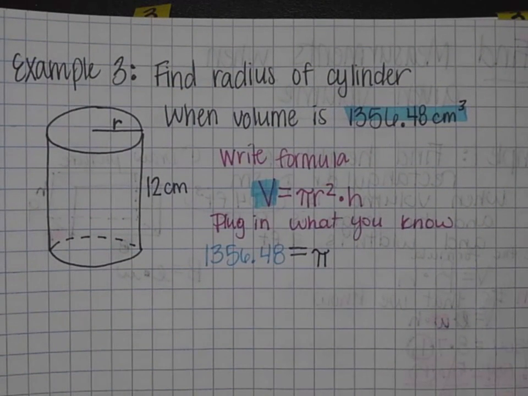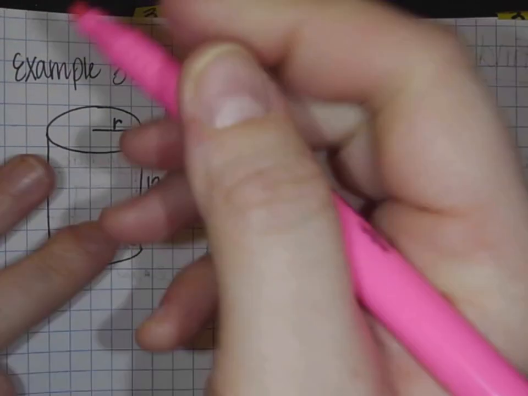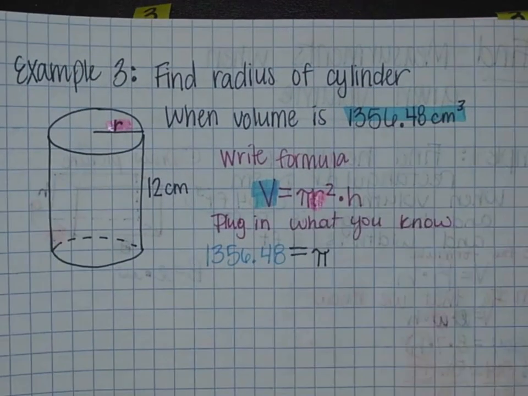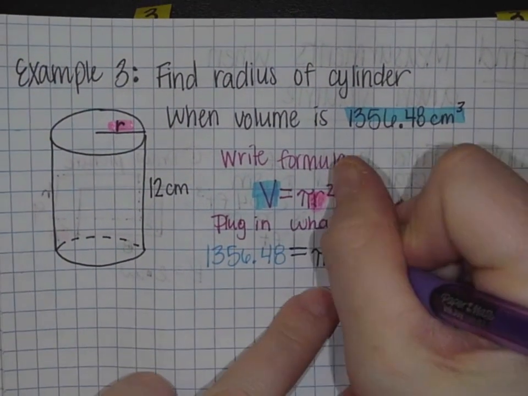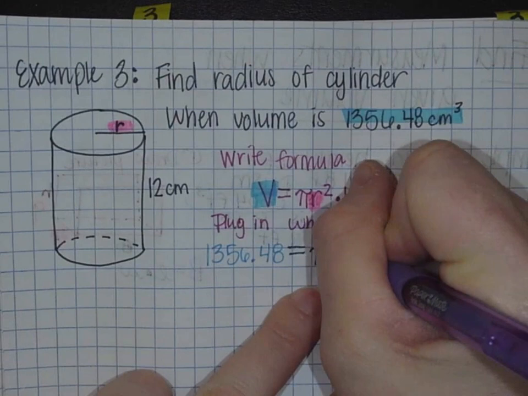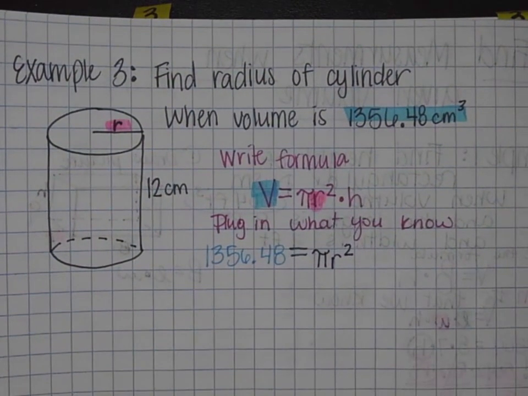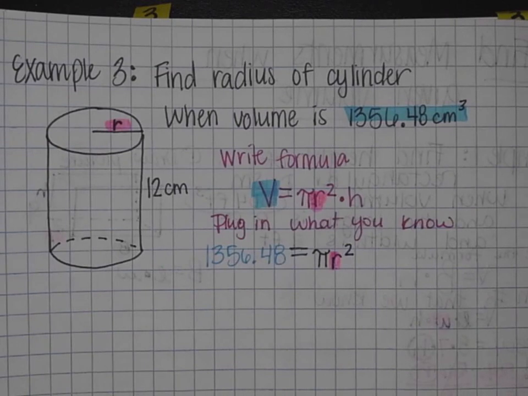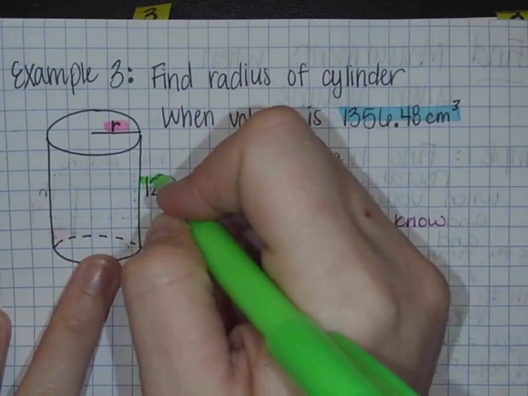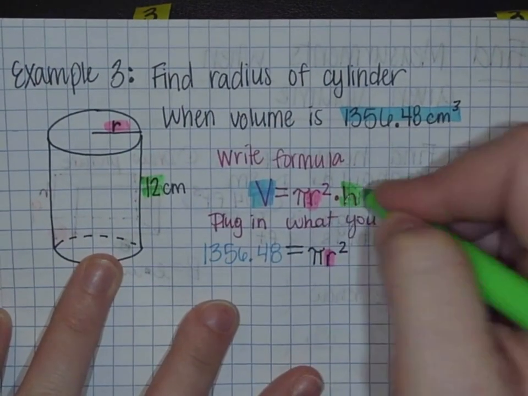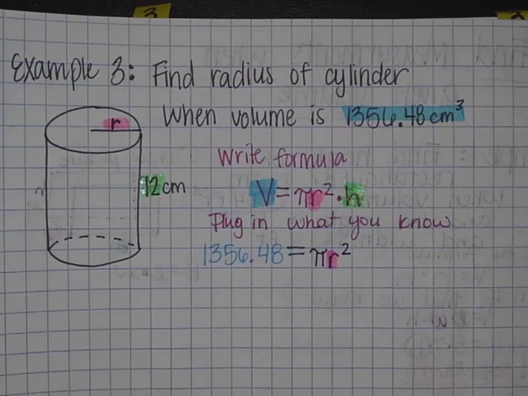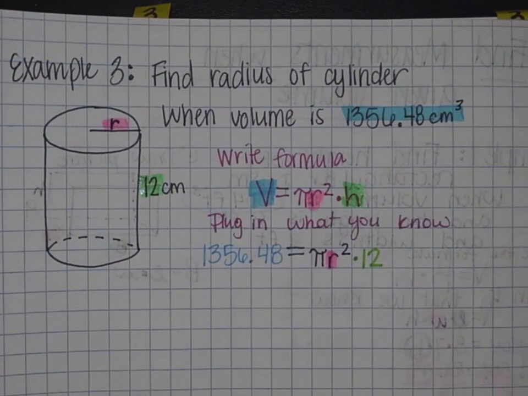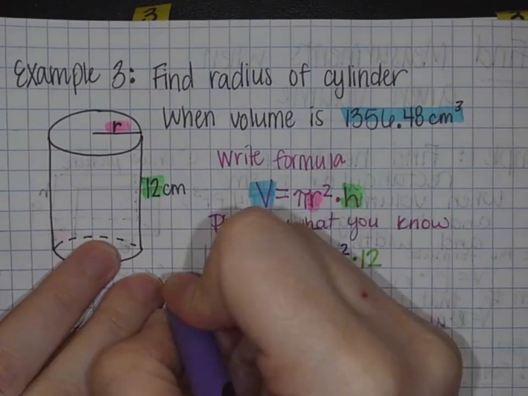The radius is r, so the radius is going to stay r squared. Sorry, I should have made that pink, but I didn't. And then times the height, which is 12. So times 12. Okay, and then we're going to solve.